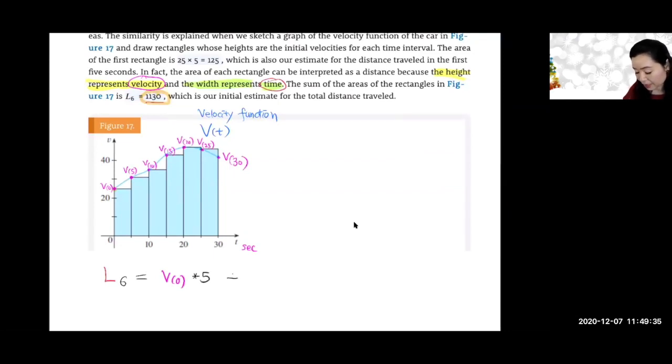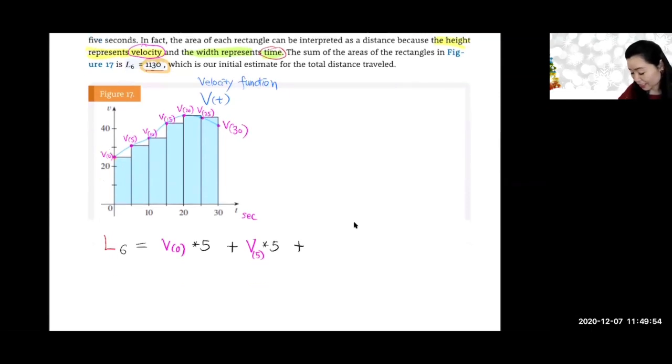And then later you take the velocity over here, you times the time interval, which is 5 seconds again. V of 5, okay? And then we continue doing this. And then the last one here is the velocity at 25 seconds, and then you times the time interval over here, which is 5 seconds.